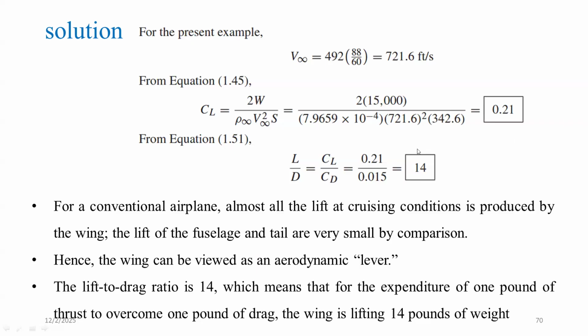The wing can be viewed as an aerodynamic lever. The lift to drag ratio is 14, which means that for the expenditure of 1 pound of thrust to overcome 1 pound of drag, the wing is lifting 14 pounds of weight. That is the meaning.